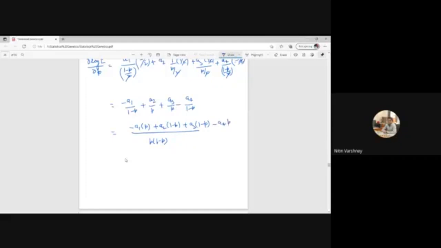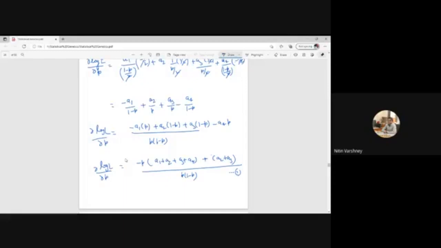After simplification, suppose this is my del log L upon del p, we will get minus p(a1 plus a2 plus a3 plus a4) plus (a2 plus a3) divided by p(1 minus p). This I consider equation 1.